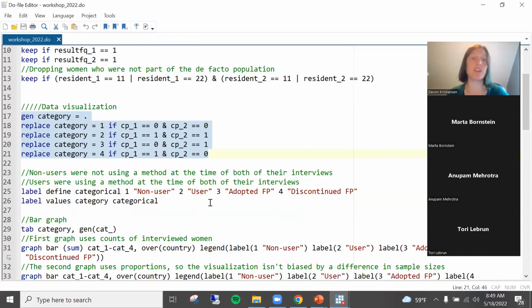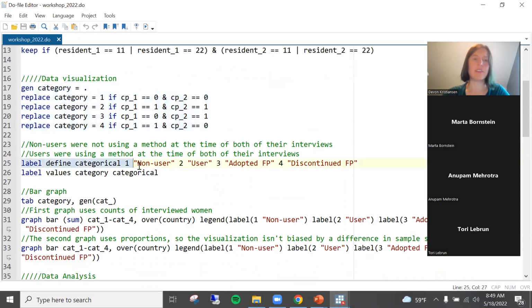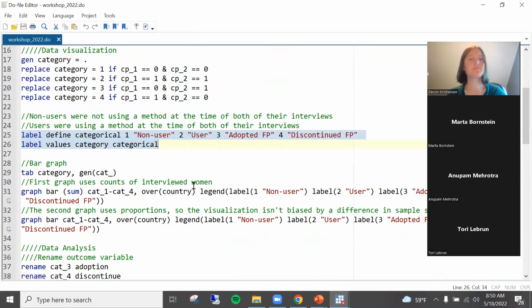But again, the data is collected in a contraceptive calendar format, so you can catch these cases if you use the calendar data. And then also for sake of clarity, we're going to create a label for those categories so we remember what each of them mean.